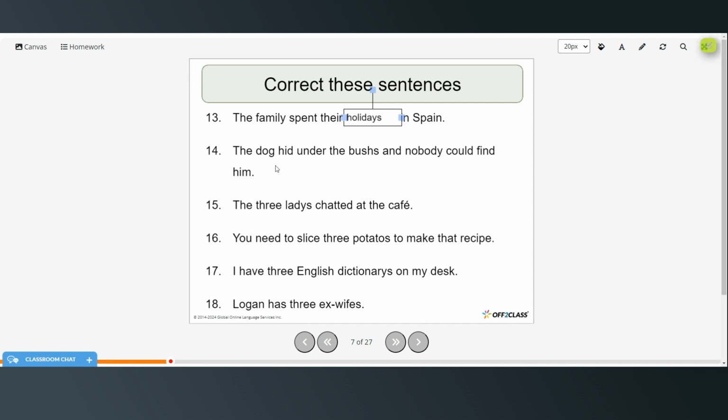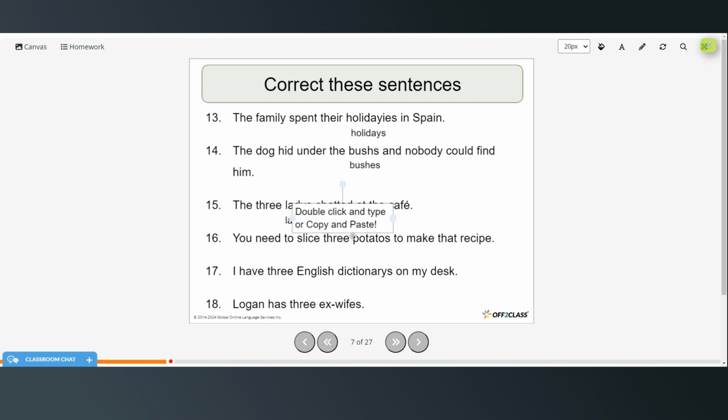The dog hid under the bushes. And nobody could find him. The three ladies chatted at the cafe.